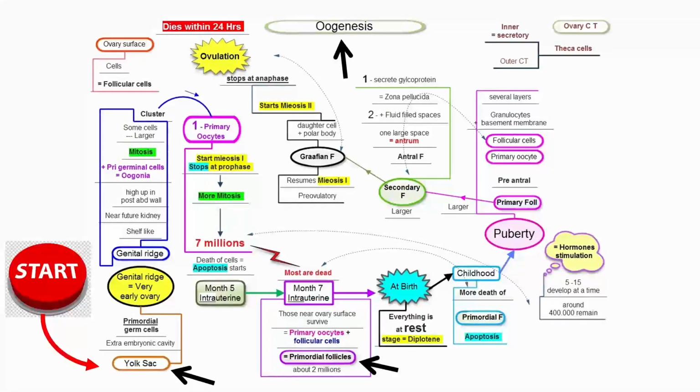These ones are going to survive, and these are primary oocytes that remain alive, surrounded by a single layer of follicular cells, and they are called primordial follicles. And by the 7th month, there are about 2 million.